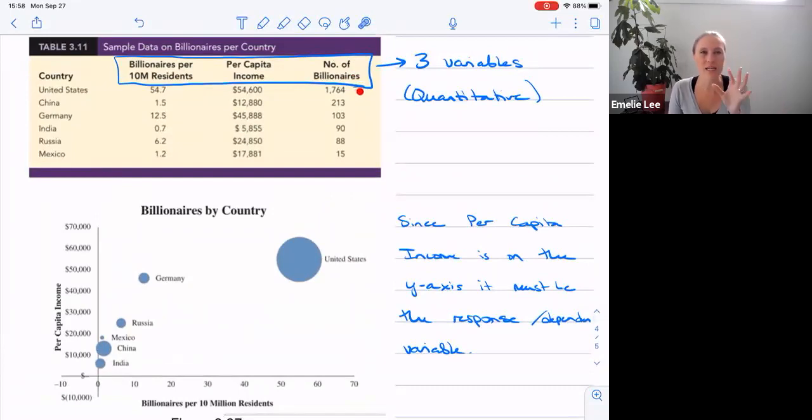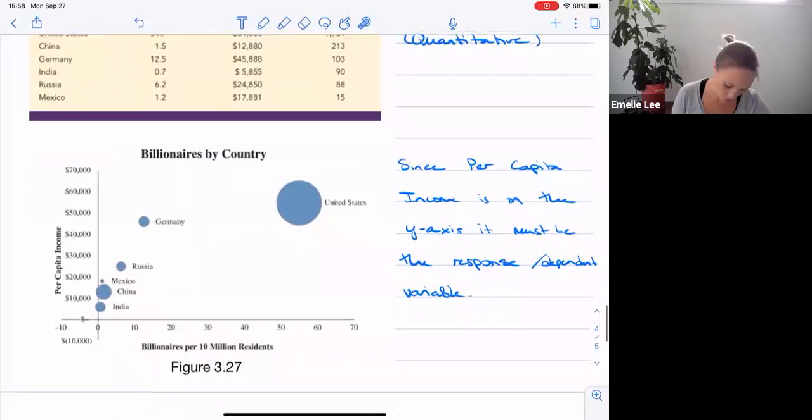So if we didn't look at the size of the bubble for a little bit, let's shrink these down and remove that variable so we can wrap our head around what's going on here, right? If we look at Russia, because it's nice and visible here, otherwise we've got India, China, Mexico, Russia.